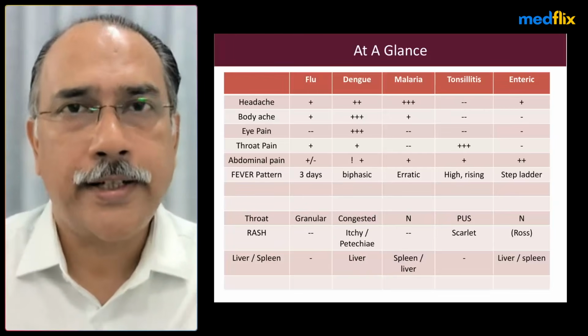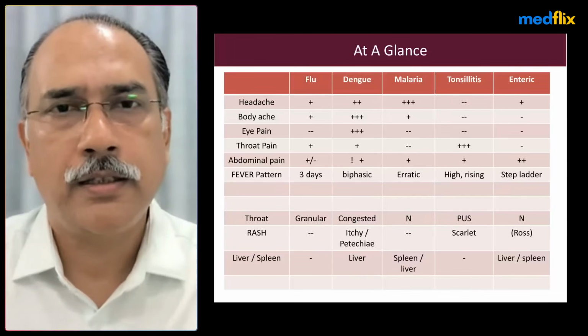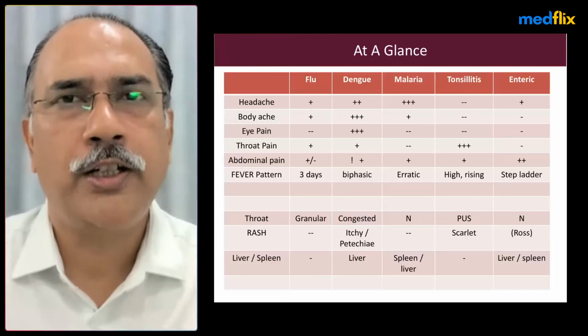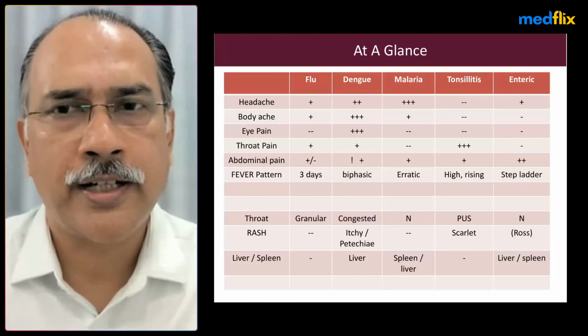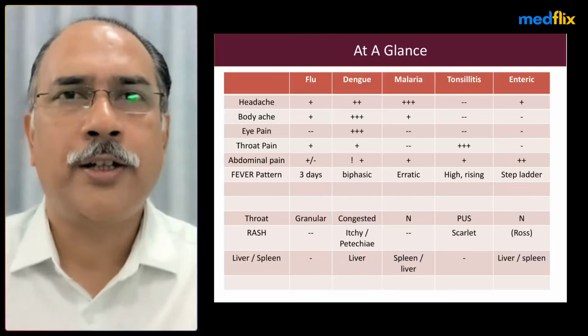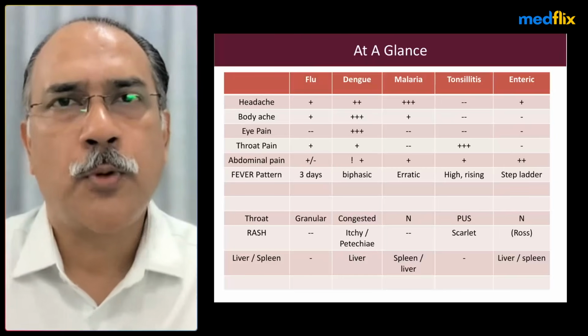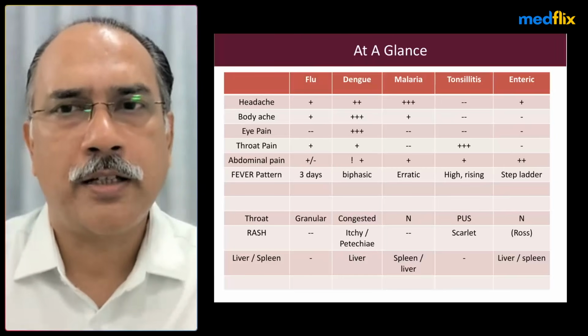If the fever started high and remained high, then look carefully at the throat, the ear, the urinary tract infection, and if at all, this would point towards a localized bacterial infection.